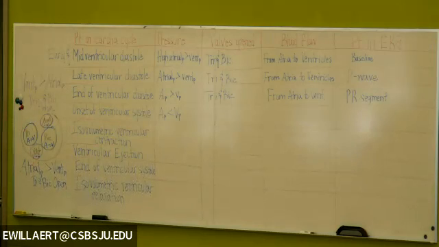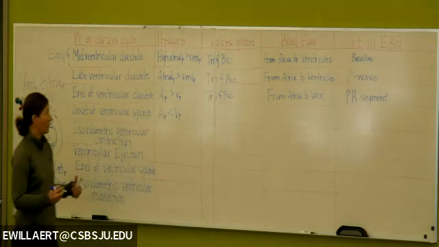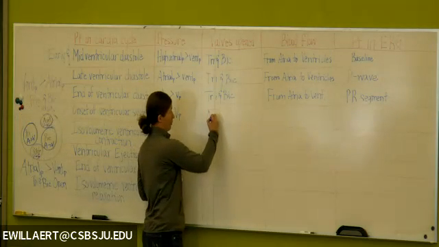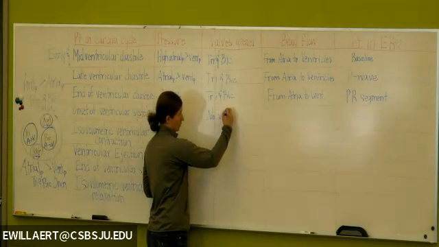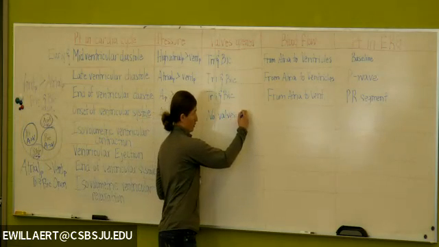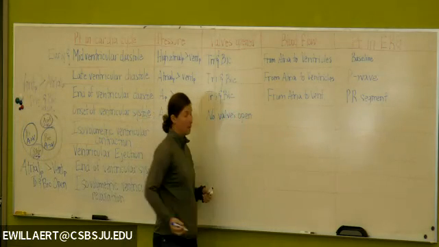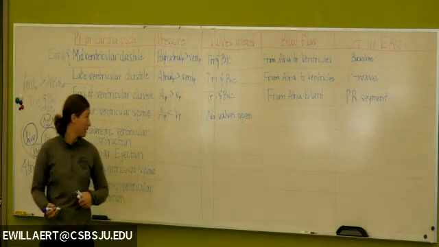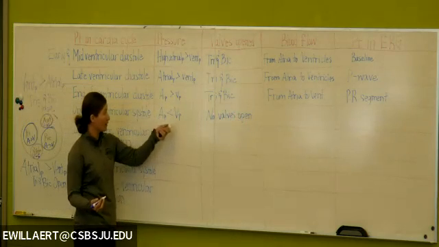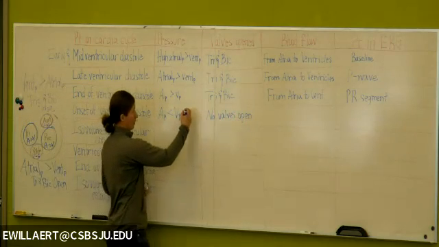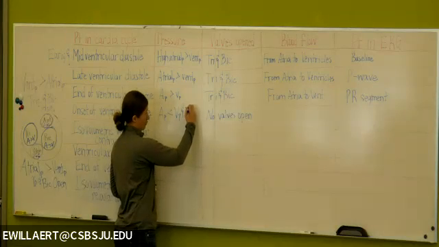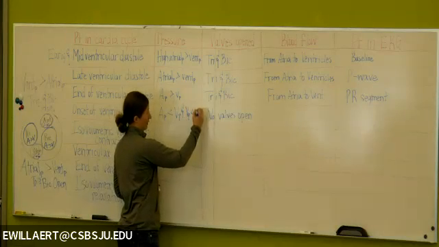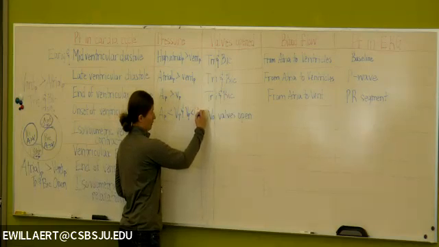No, systemic pressure is pretty high. So at this point in time, we have no valves open, because atrial pressure is less than ventricular pressure, and ventricular pressure is less than circulatory pressure.